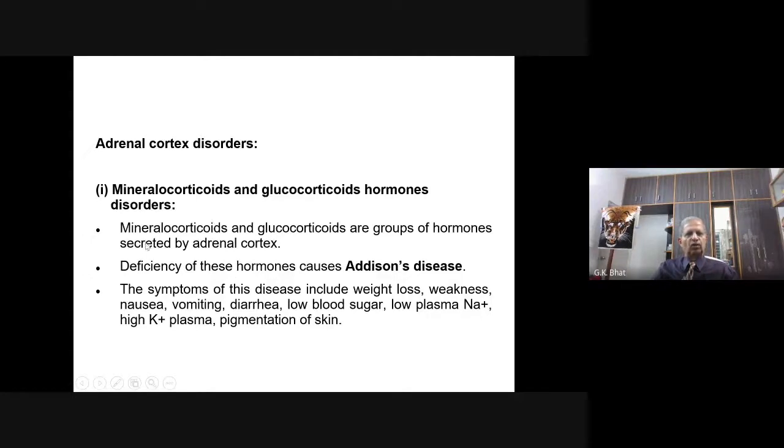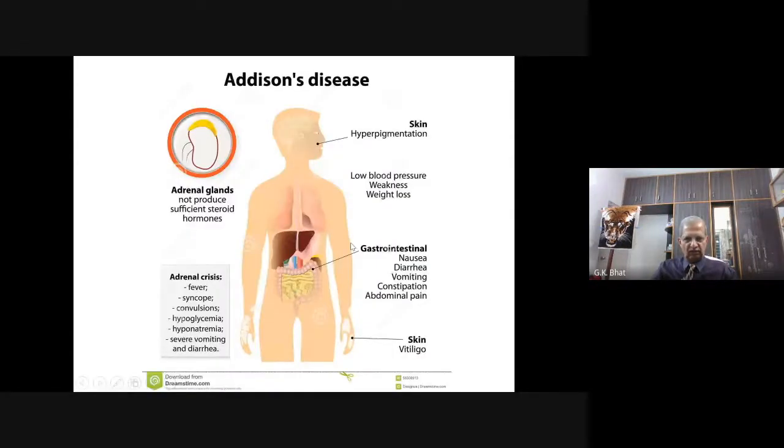Hyposecretion, that is deficiency, of the adrenal cortex hormones results in Addison's disease. Addison's disease is due to hyposecretion of the mineralocorticoids and glucocorticoids. You need not know the symptoms and all.